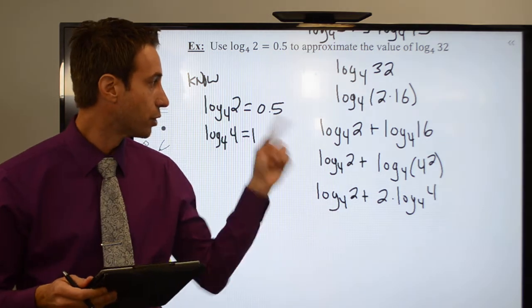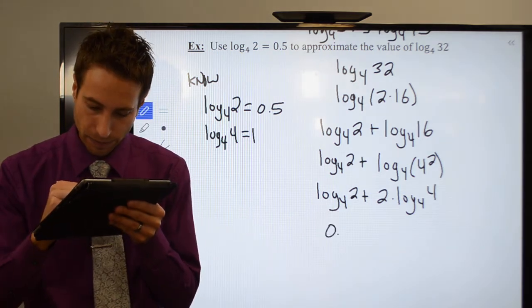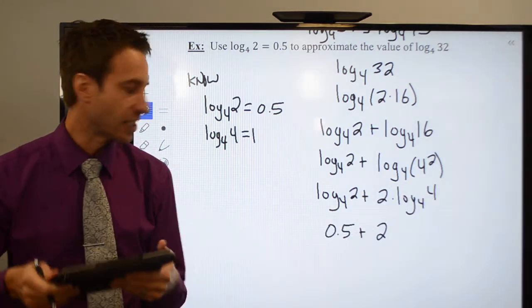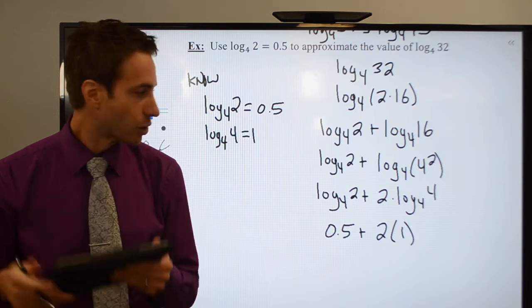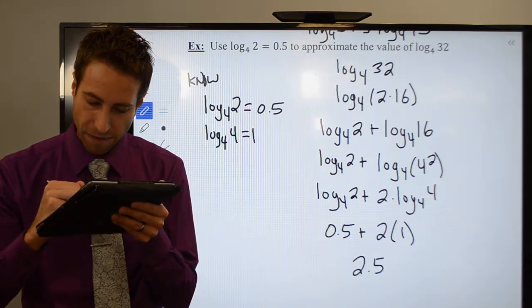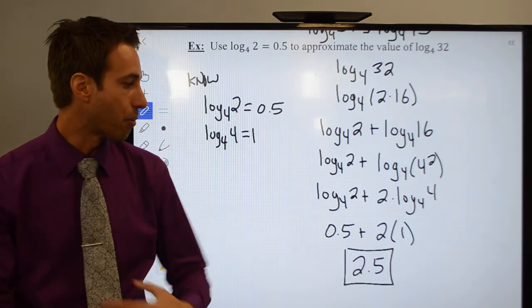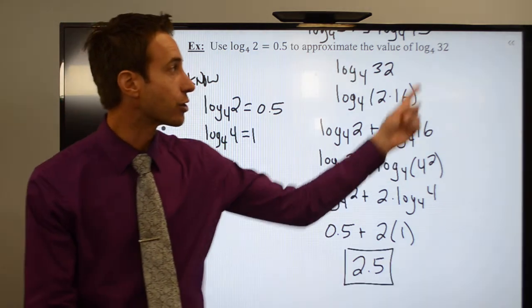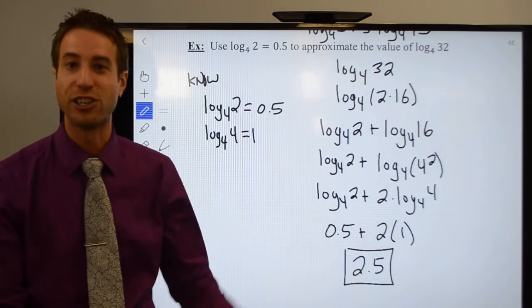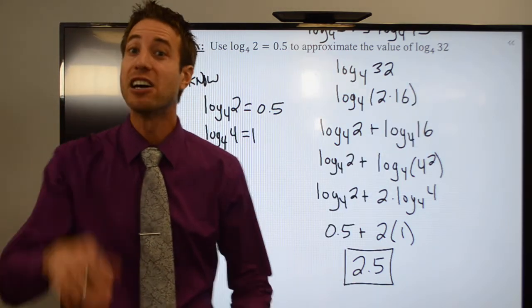I know log base 4 of 2 is 0.5 plus 2, and I know that log base 4 of 4 is 1. So I have 0.5 plus 2, or 2.5 is going to be my approximation. And again, you can check your solution by just plugging log base 4 of 32 into your calculator, and you'll indeed get 2.5. Let's do a couple more.